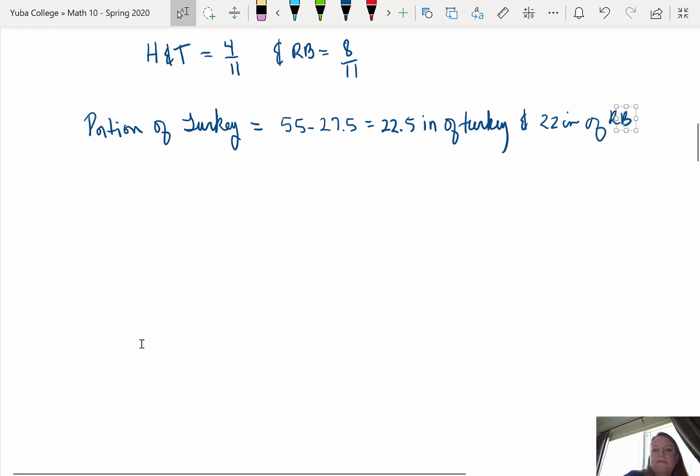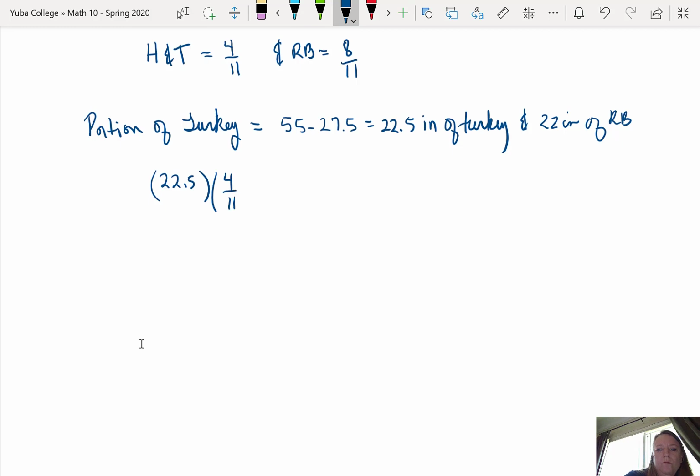So we have 22.5 inches times the cost of 4/11, plus he has the 22 inches, which costs 8/11. So this is the value of S2 for Nick.